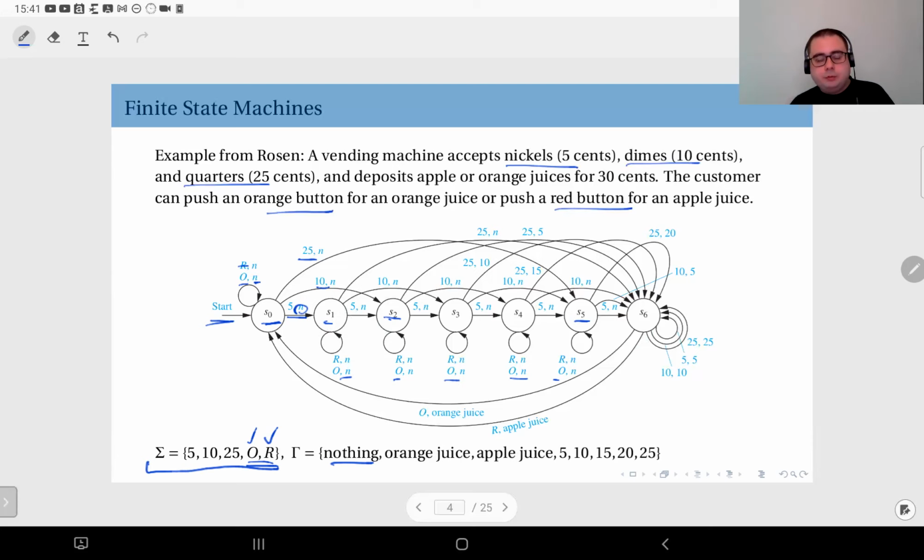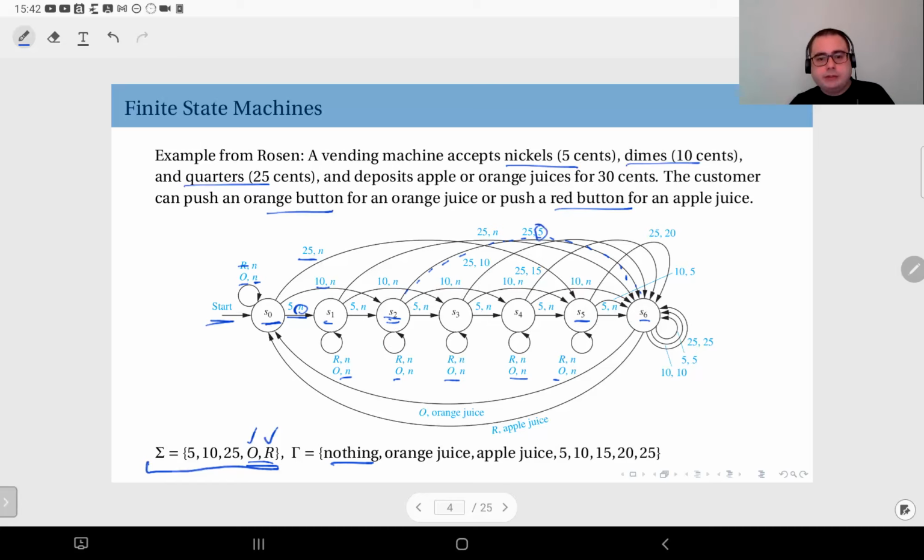So what happens when you exceed 30, for instance, from S2, which means you have 10 cents in the machine, assume that a quarter is input. Then you go to state S6, and since the total is now 10 plus 25, which is 35, you output a 5.